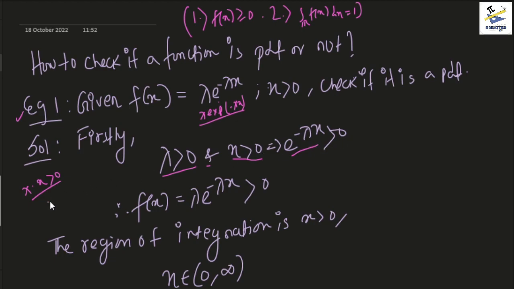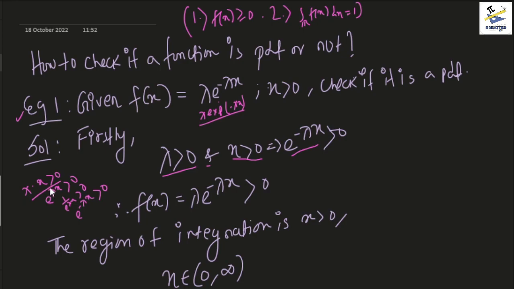This is because e to the power lambda x would be greater than 0, and the reciprocal of a positive quantity is also greater than 0, which is basically e to the power minus lambda x is greater than 0, right? So this is an easier way to prove that the PDF is non-negative by using the property of the exponential function, that it is basically never negative in case the argument is a real number.